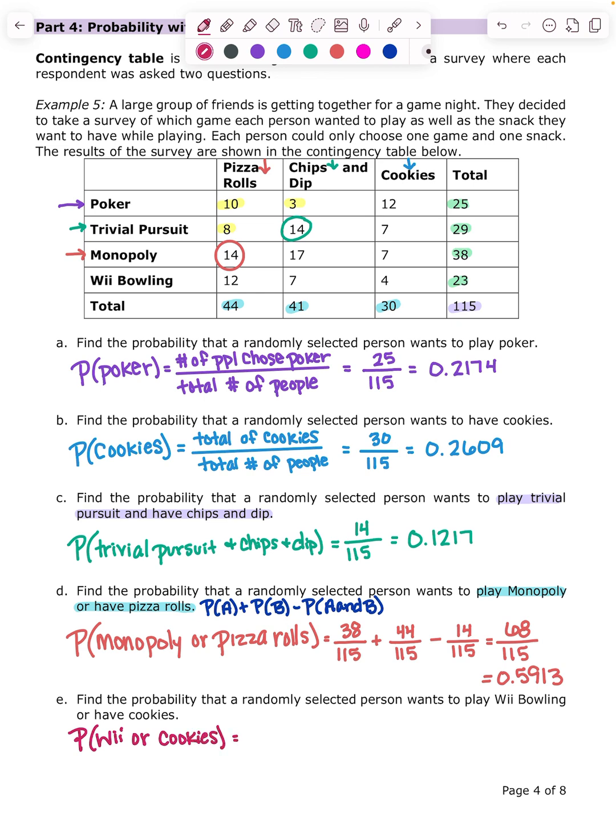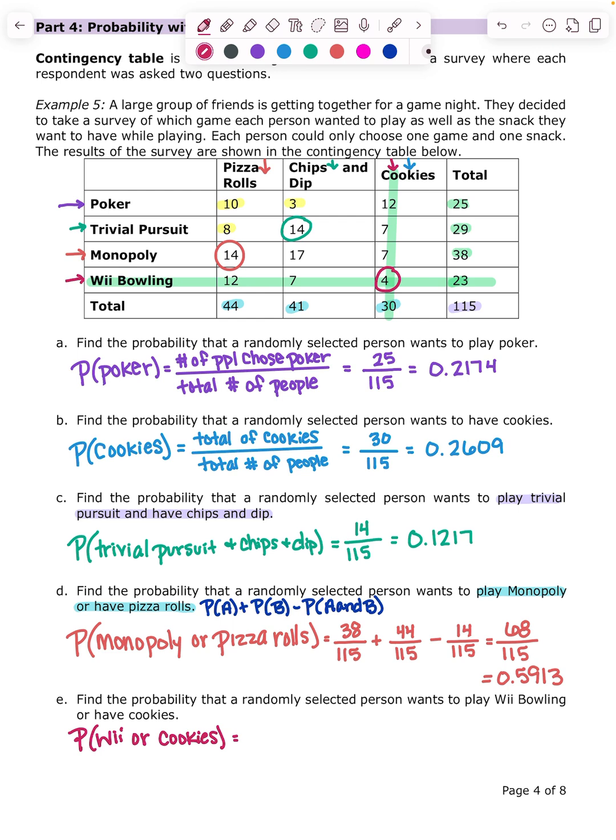So it's the same formula as last time because we have Wii bowling, which is a row, and cookies are a column, so they overlap. And I can see this very clearly if I highlight. Here is my row, here is my column. I can see that overlap very clearly.